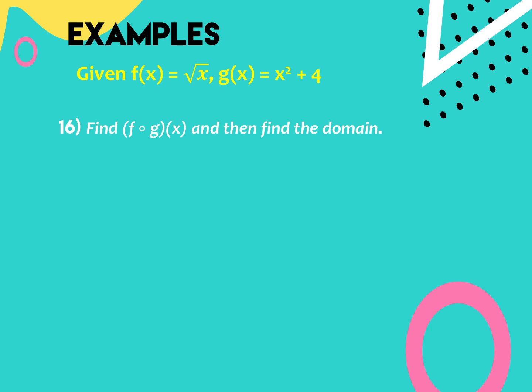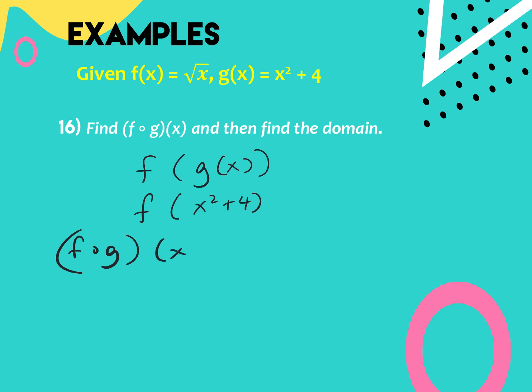And then the last question. Again, they want us to do exactly the same thing. We're taking the g of x function and we're plugging it into the f of x function. So my g of x function is x squared plus 4. So then what I'm doing is now composing this, I'm taking my f of x function, which is the square root of x.